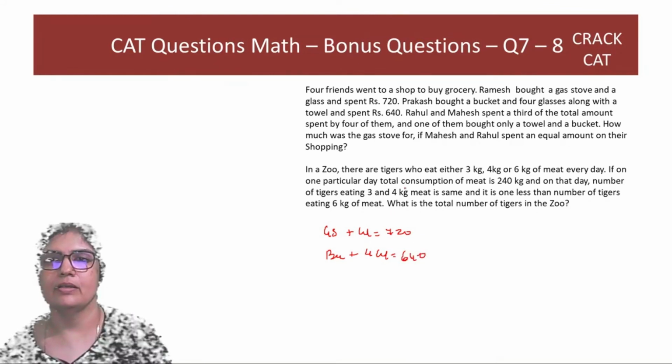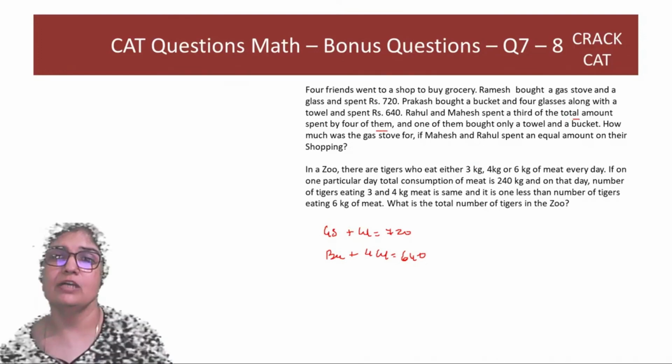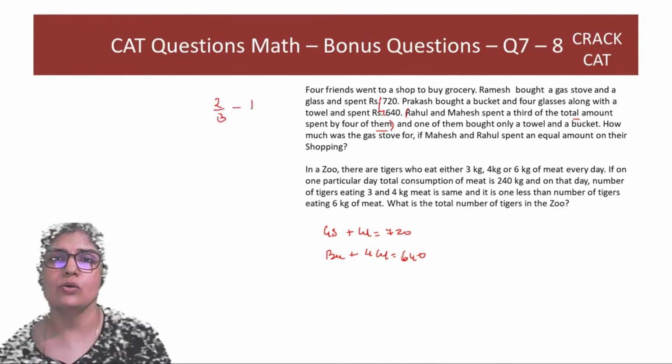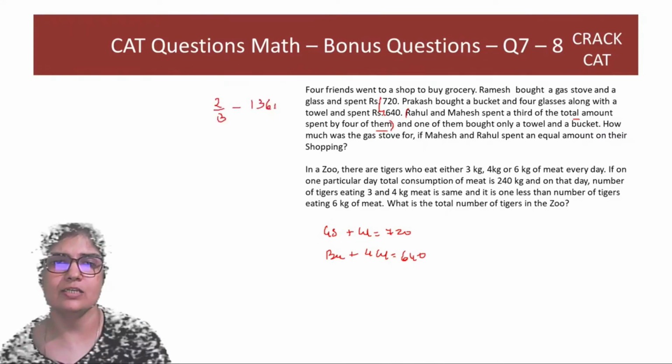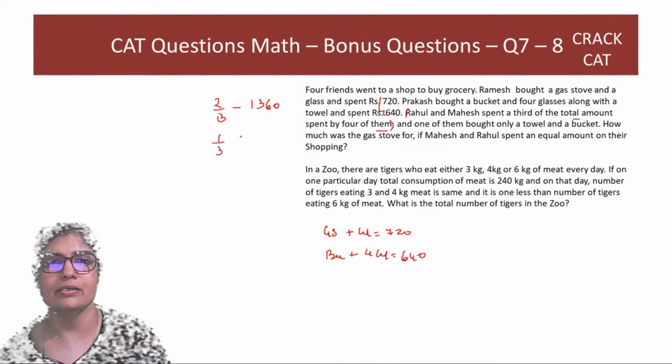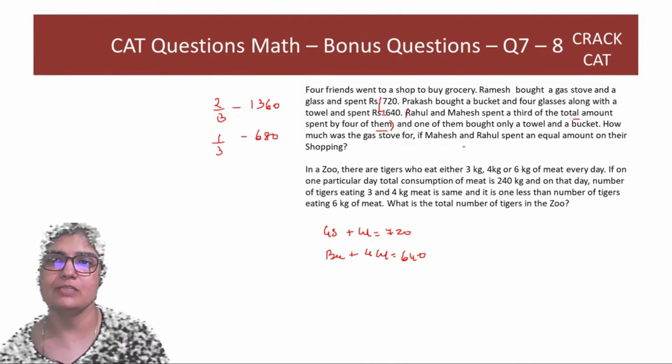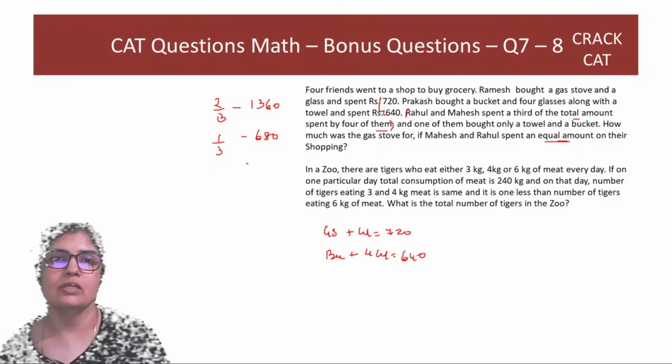Rahul and Mahesh spent a third of the total amount spent by the 4 of them. So if these two guys spent 1/3, the other guys would have spent 2/3. So 1360 is 2/3. That means 1/3 is 680, which means each of them spent an equal amount. So each of them spent 340, 340.